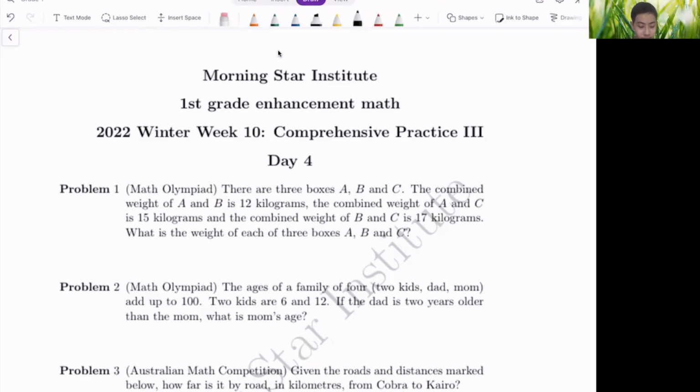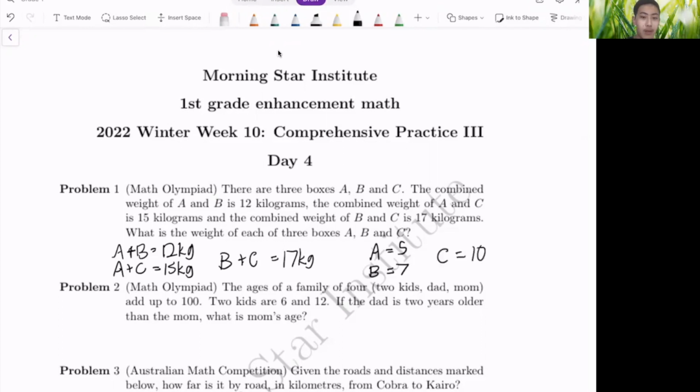So first off, we're given that A and B is 12 kilograms, A and C is 15 kilograms, and finally B and C is 17 kilograms. So for this problem, you can just apply guess and check, and eventually you should get A equals 5, B equals 7, and C equals 10. And you can see that is correct.